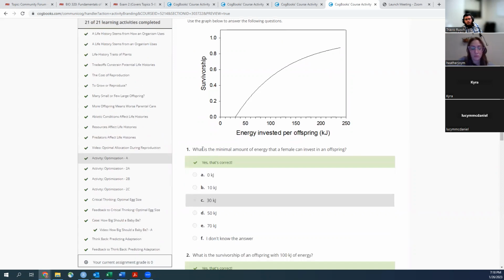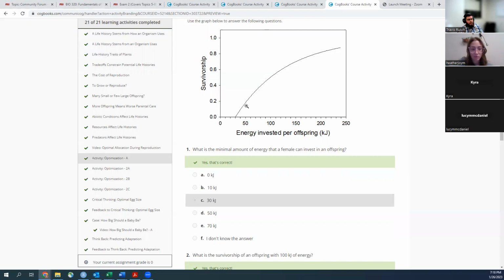It's generally geared at the mother because she's the one that has to spend the energy to create the offspring. Some of it can be how much individual energy is given to each individual offspring. In the previous one, we went over the optimal clutch size. There is a little bit of information about how much is given to the offspring, but that's not really related to survivorship.